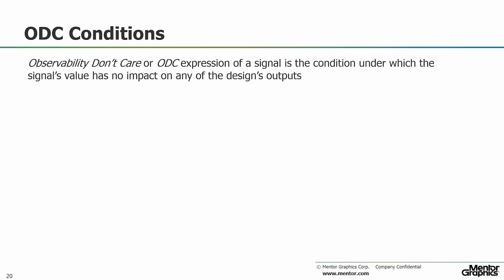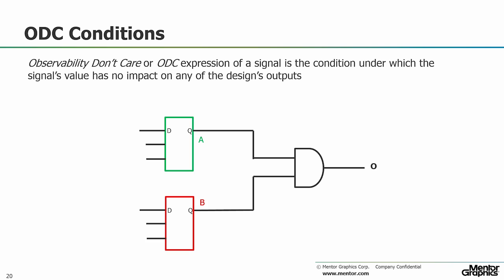For example, consider an AND gate with two supports A and B. The value of signal A will not be observable whenever value of B is 0 at the same time instant. Thus, ODC condition for the signal A would be B equal to 0, since the output of AND gate is independent of A whenever B is equal to 0.